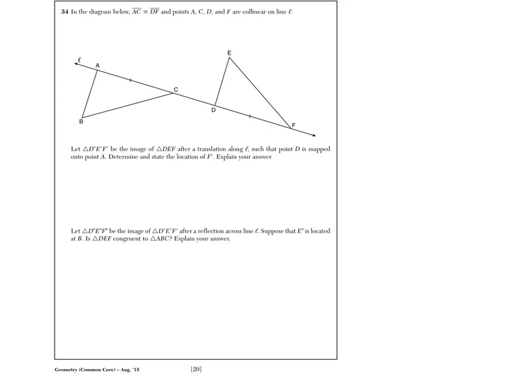Okay, well, F' would map onto C because if translations preserve distance, which they do, and point D is mapped onto point A, then we can conclude that point F maps onto point C.